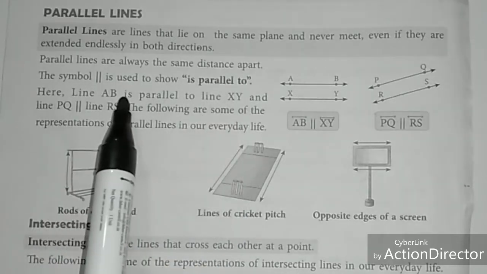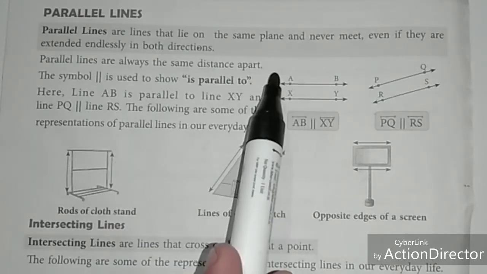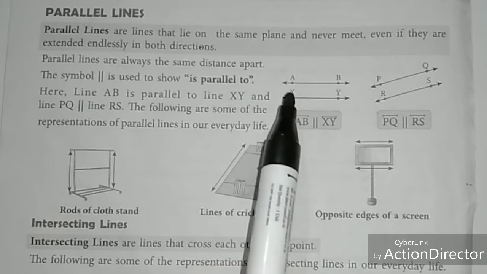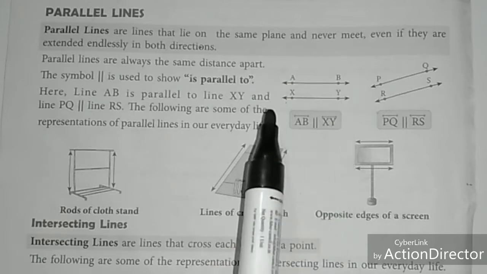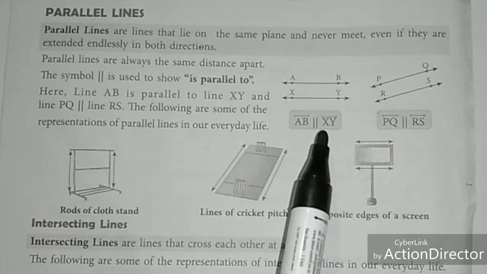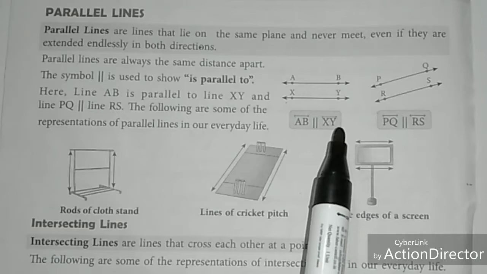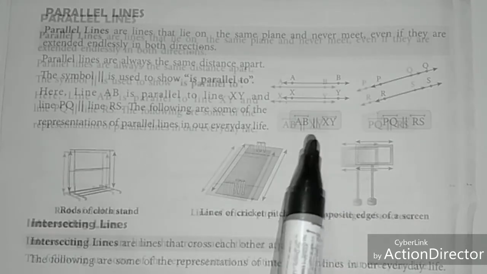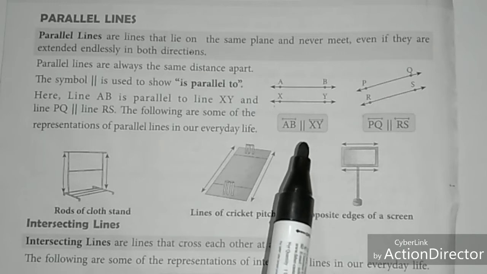Here line AB is parallel to line XY. We have two lines, AB and XY, so we use this symbol and write line AB is parallel to XY, or line XY is parallel to line AB.